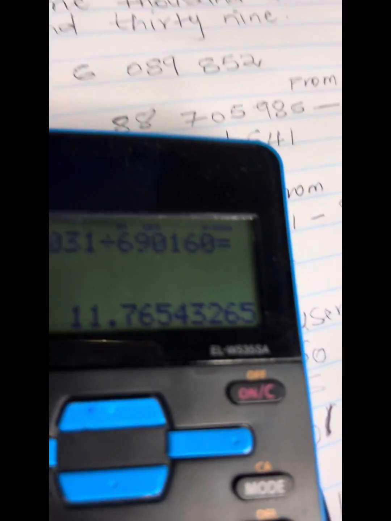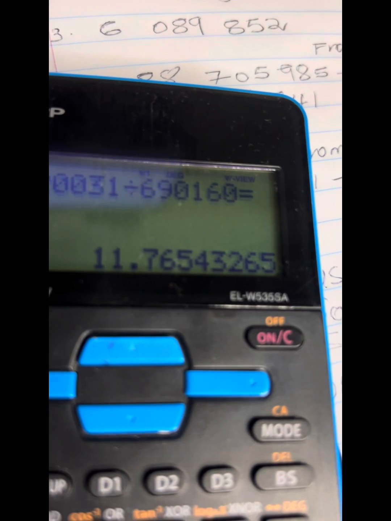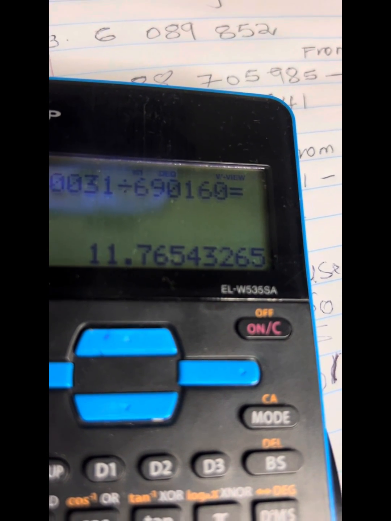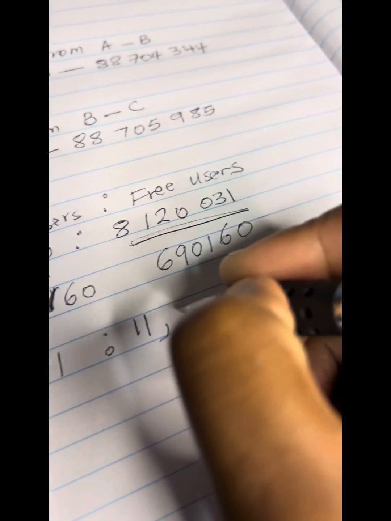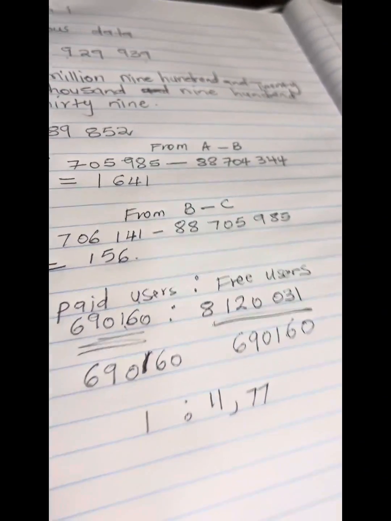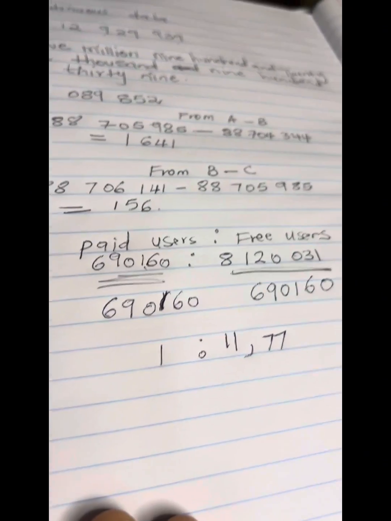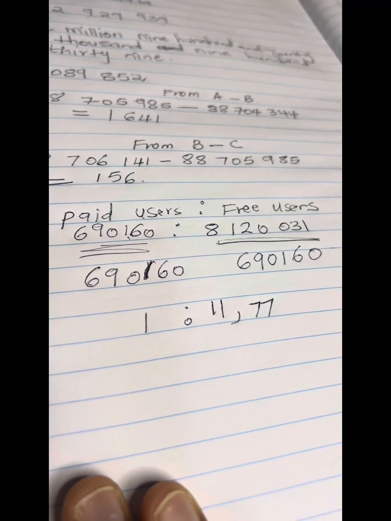If you check the number here, after 7 there is 6, 5. It means we can round 6 and become 7. Then it will be 11.77. That is going to be our answer.